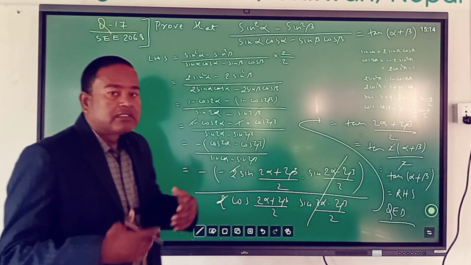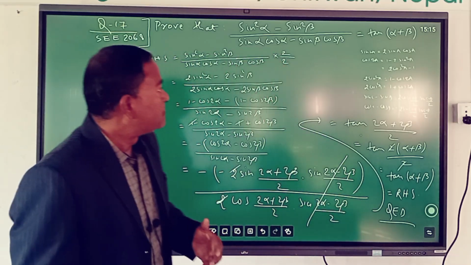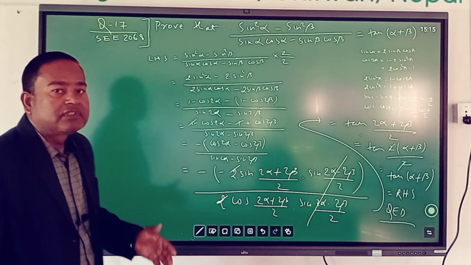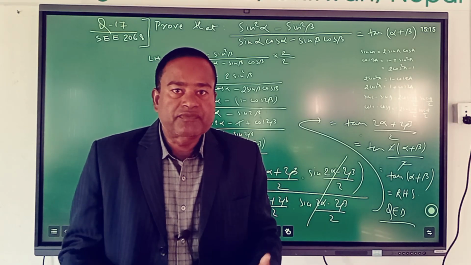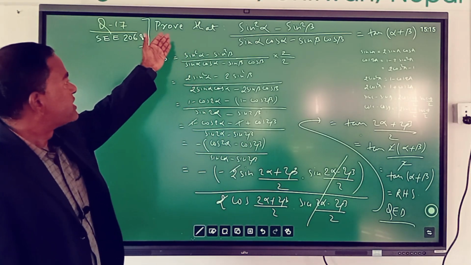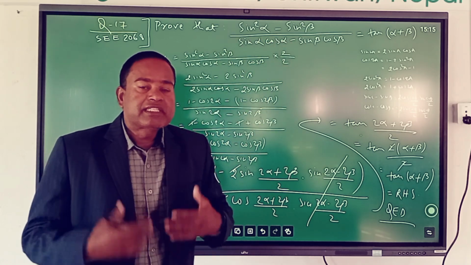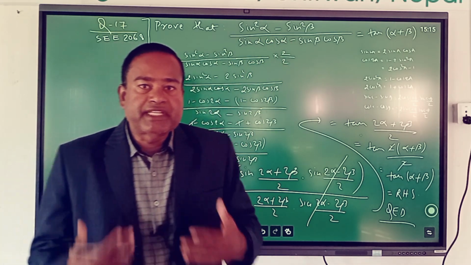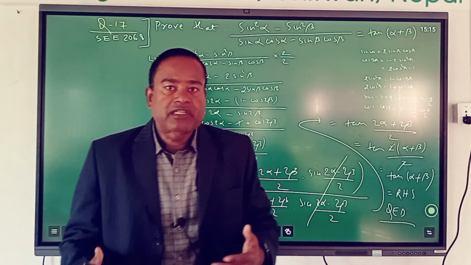Dear students, we have solved one problem from the chapter of multiple angles of trigonometric ratios. The question is, prove that (sin² alpha minus sin² beta) divided by (sin alpha cos alpha minus sin beta cos beta) is equal to tan (alpha plus beta).